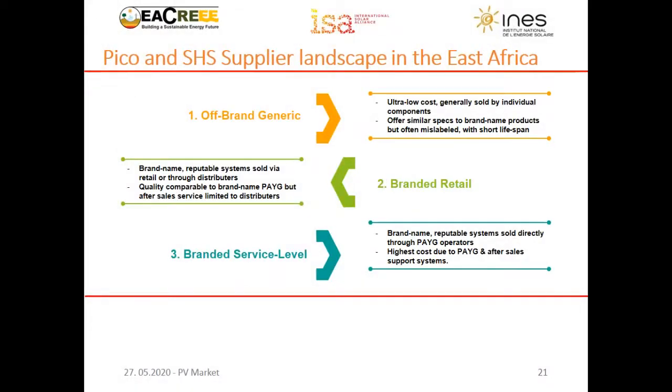So this slide basically tries to highlight the kind and the quality of products that we have in the market in the region. We have all the varieties basically classified into 3 main broad categories: off-brand, then branded retail products, and also branded service level products.